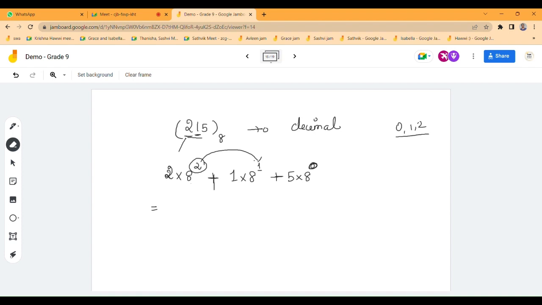Now we can multiply normally. 8 square is 64. Now you can do it.